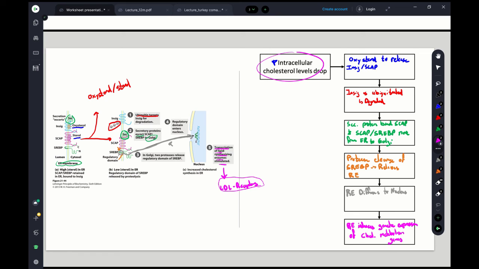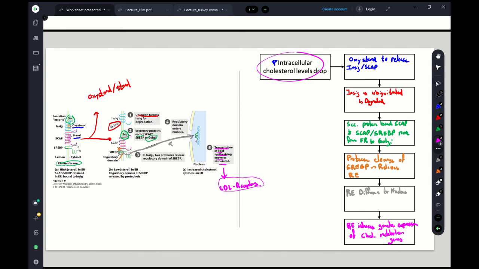Now statin drugs, just so you know, are drugs like Lipitor, things that you might see advertised during a football game or a TV show, and they're used for people that have high cholesterol, which is a fairly significant portion of our population. So these drugs inhibit cholesterol synthesis within a cell.